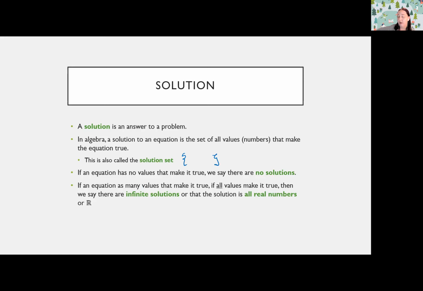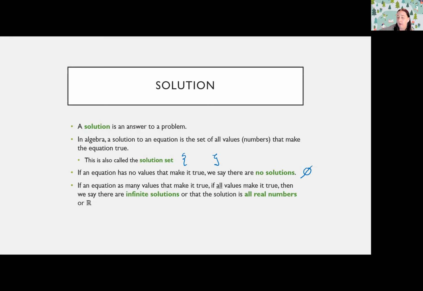If you have something that has no numbers that make it work, there are no solutions. And a shortcut symbol for that is like an O with a slash through it. So don't use that to represent your zero, because it's a different symbol. So never put the slash through your zeros.